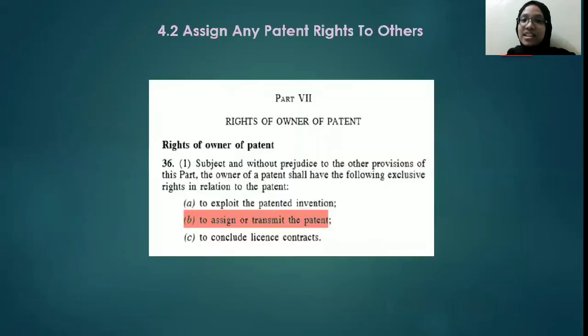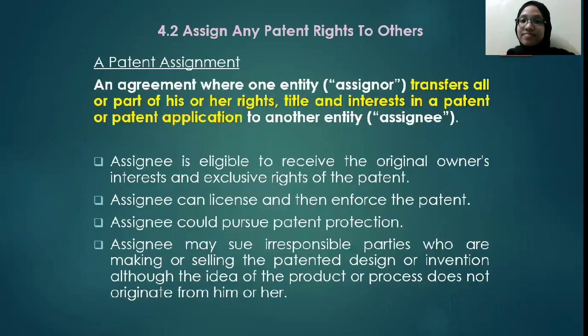According to Section 36(1)(b) of the Patent Act 1983, a patent owner has the right to assign or transmit the patent. What is a patent assignment? It is an agreement where one entity, the assignor, transfers all or part of his or her rights, title, and interest in a patent or patent application to another entity, which is the assignee.